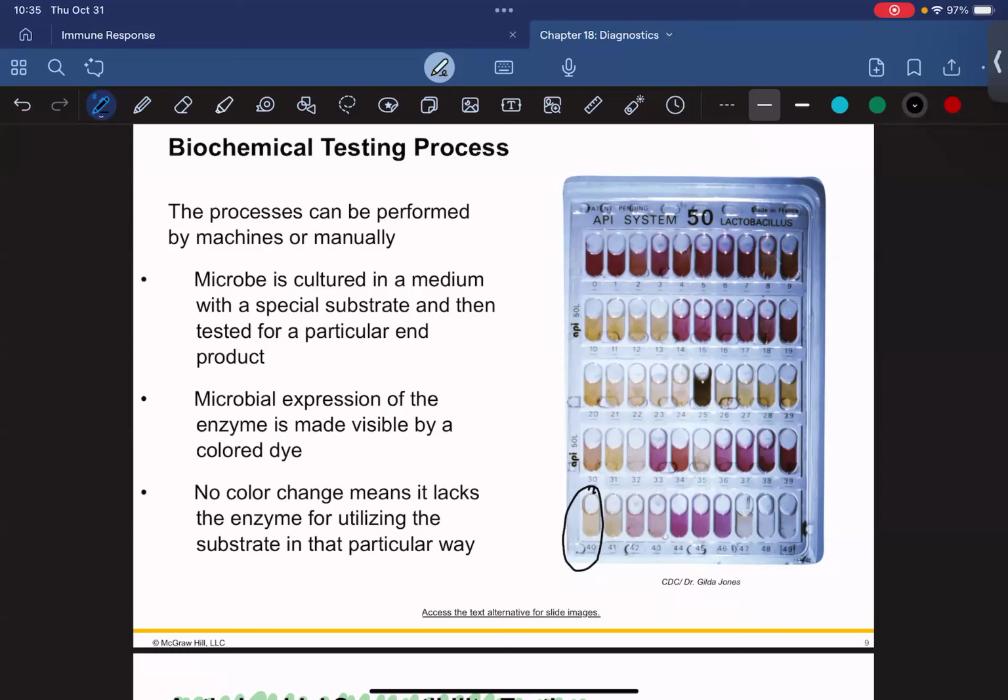So you start with something like this, especially if you already know it's probably bacterial, and you can verify that with a gram stain. Then you can run one of these tests and get a profile, and it's going to tell you it's probably E. coli. Now you can go do your PCR test and confirm that it is E. coli for that patient, so we can start treating them appropriately. So this is really useful for stuff like that.